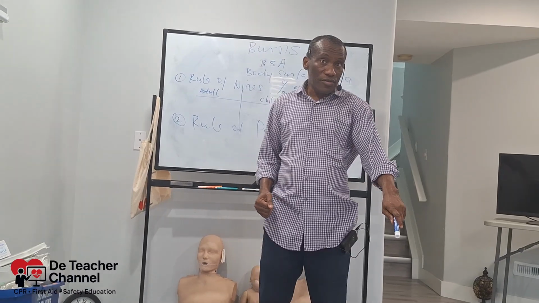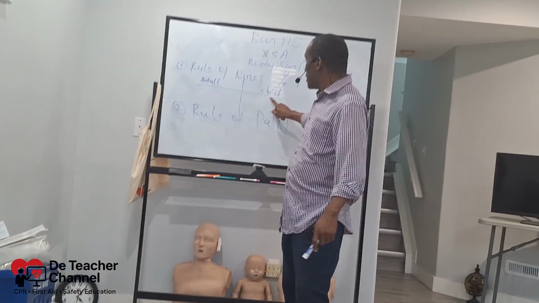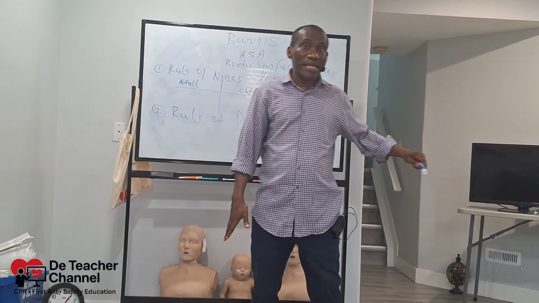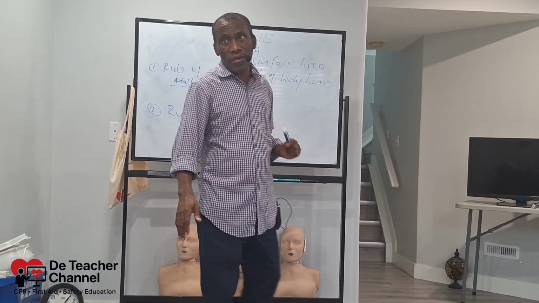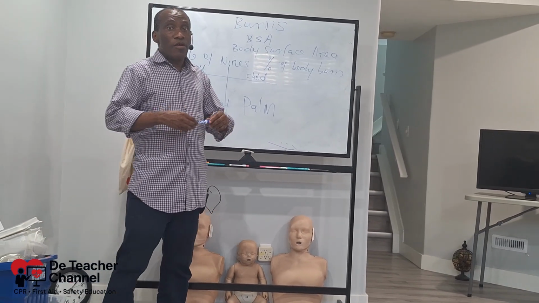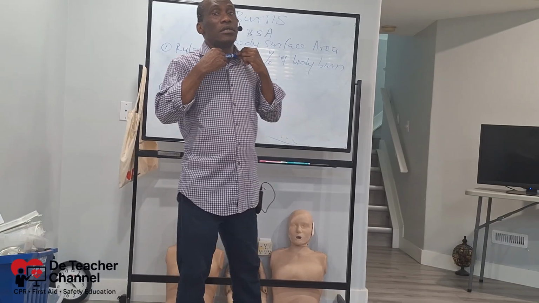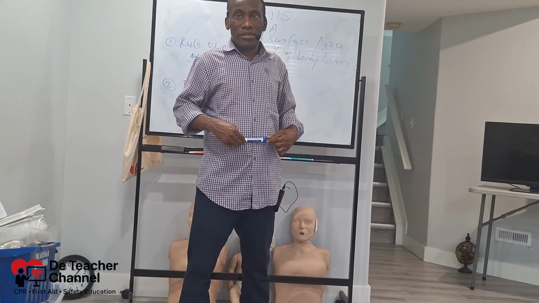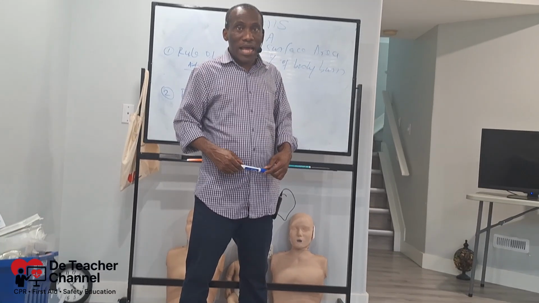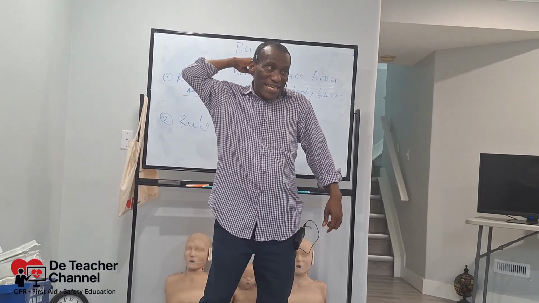But for children, in this category here, one leg is 14, the other leg is 14. For an adult, the front part is 18, and then the back part is 18.